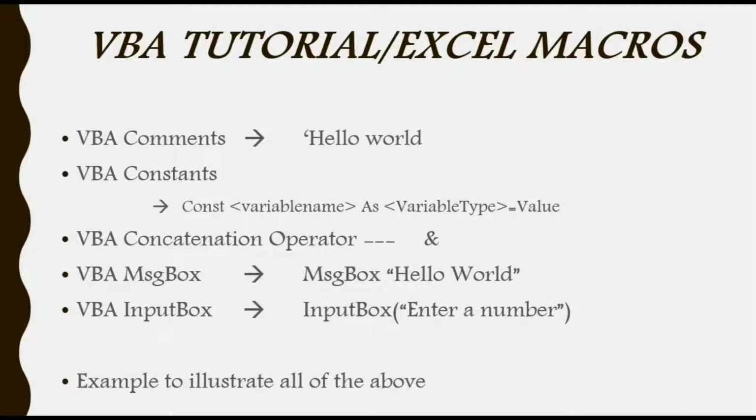I'm using ampersand here to make it easier to understand. While writing the code, I will also show you some other things like Chr, which is nothing but a line break. I will demonstrate it when I am writing the code.